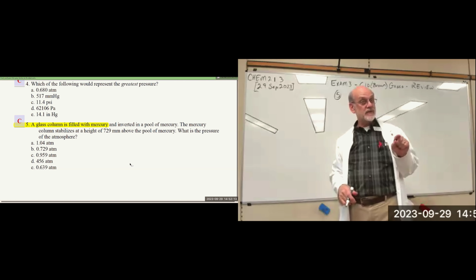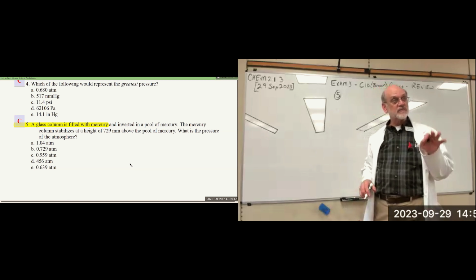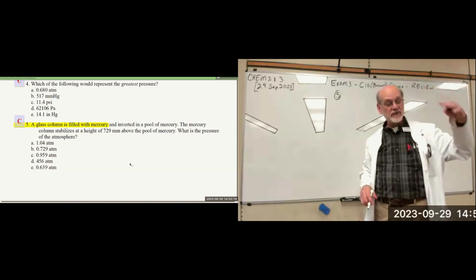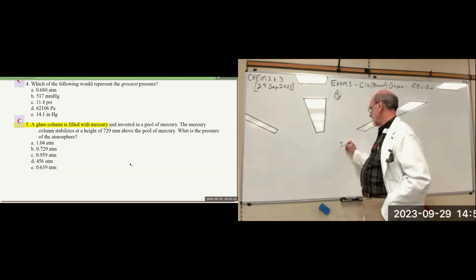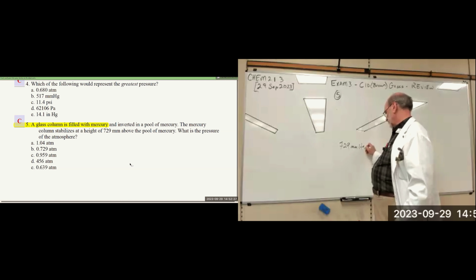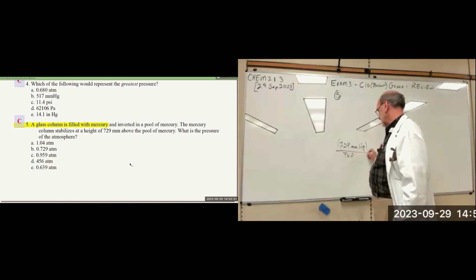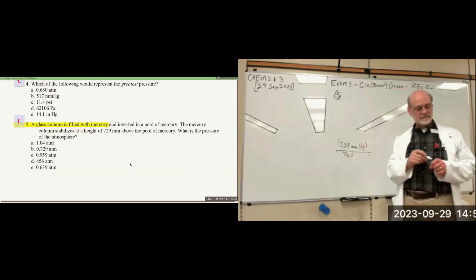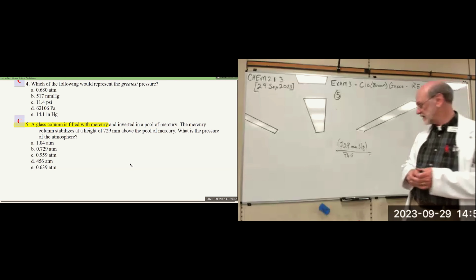The answers are in atmospheres. So with that 729 millimeters of mercury on your barometer, as we just made it, we convert that. Actually, if you want to, you can just go ahead and put 760 here. And that should be 0.959.